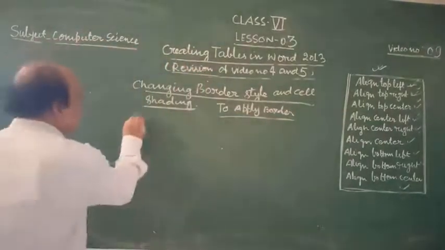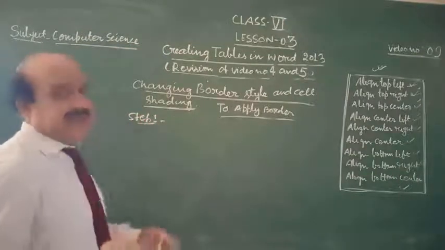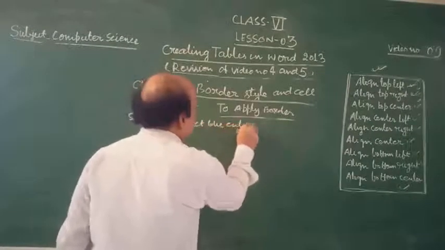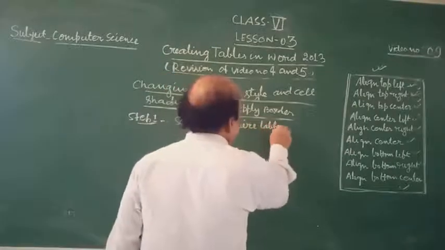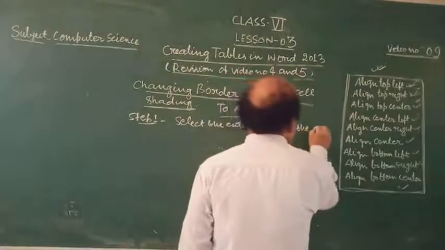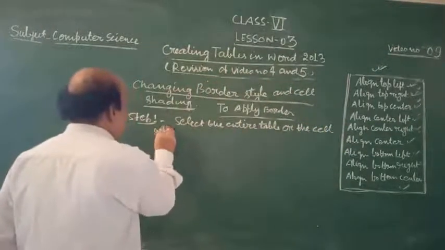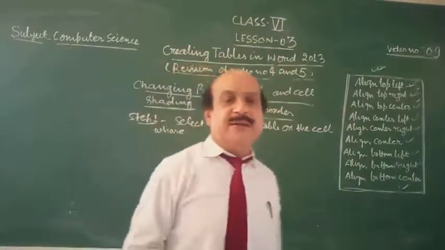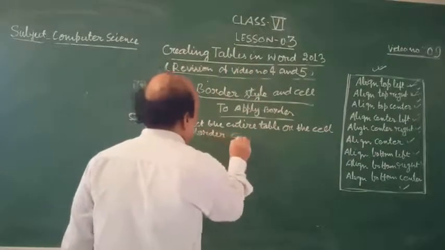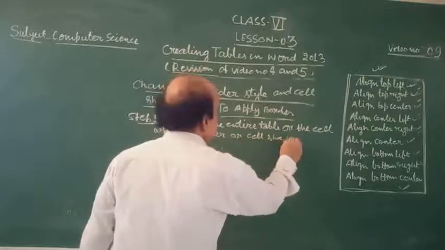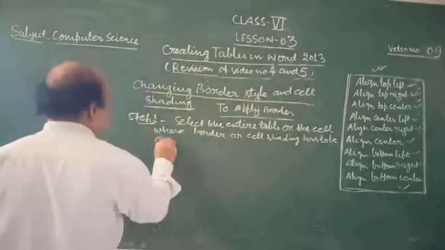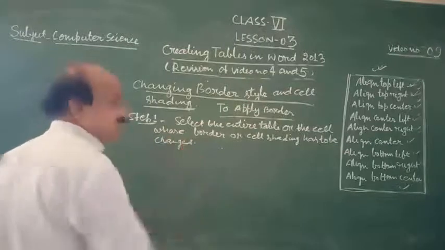Step 1, select the entire table or the cell whose border or cell shading has to be changed. This is the first step.